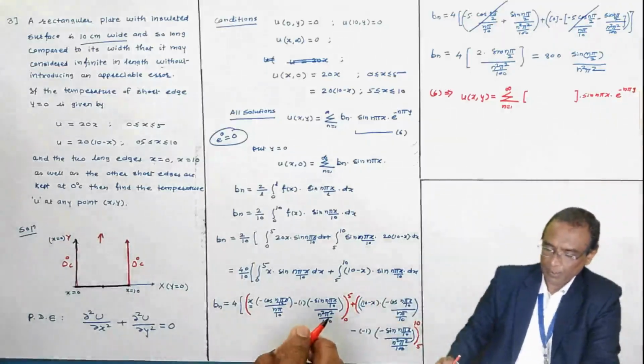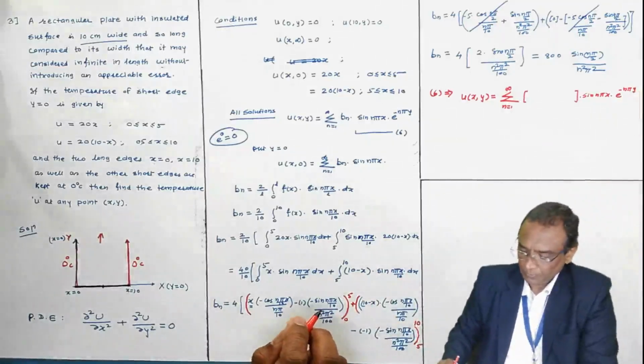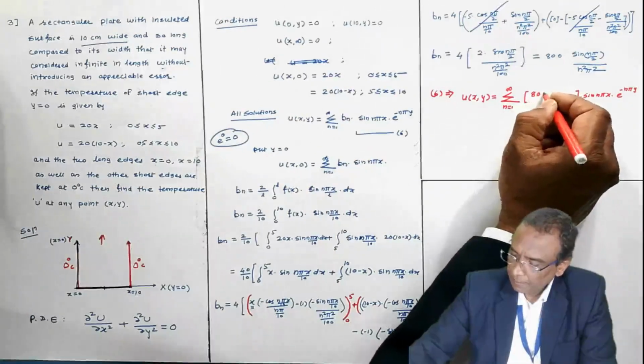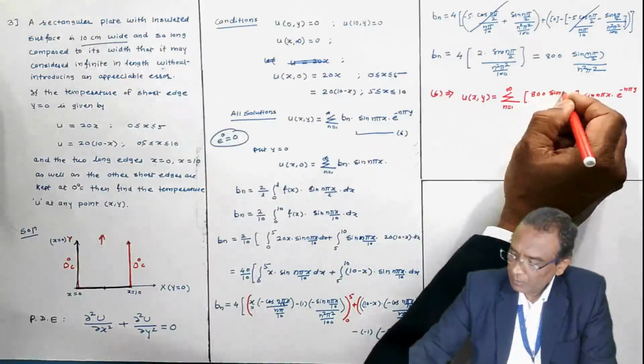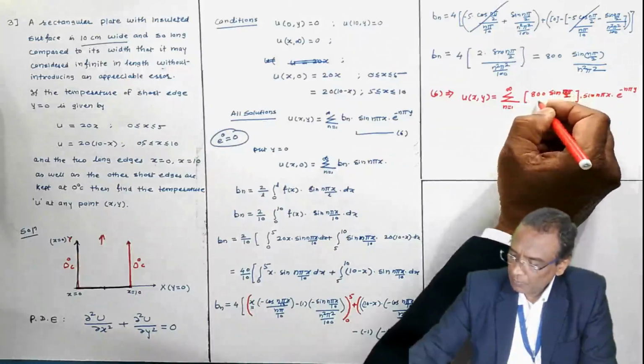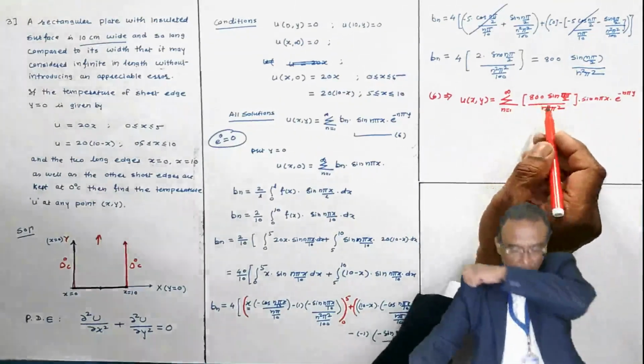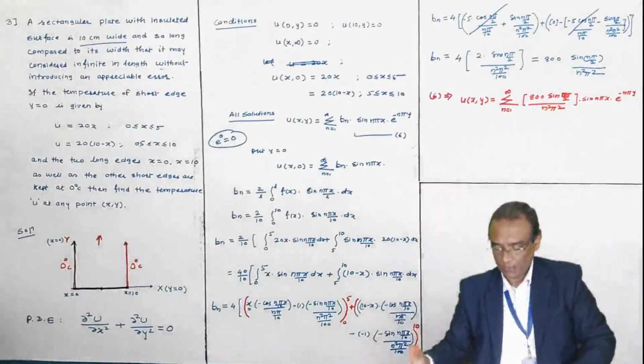Okay, n pi y. Now it is 800 sin n pi by 2 by n square pi square. Okay, at the most 800 and pi square you can take outside.